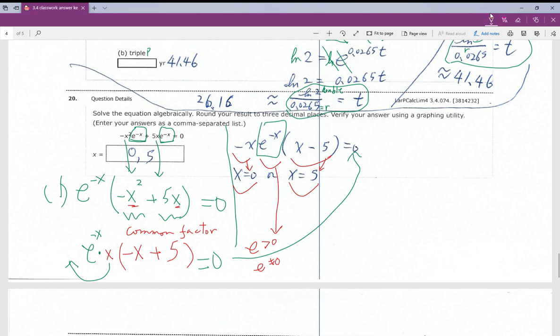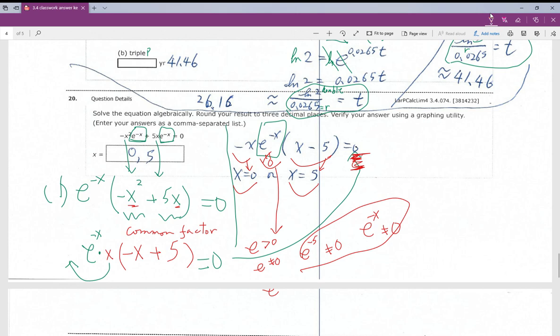If your base is not equal to 0, e to any degree won't be 0. So this one will never be 0. If this part is not 0, the only way you can multiply to equal 0 is x equals 0 or x equals 5. So you find 2 solutions.